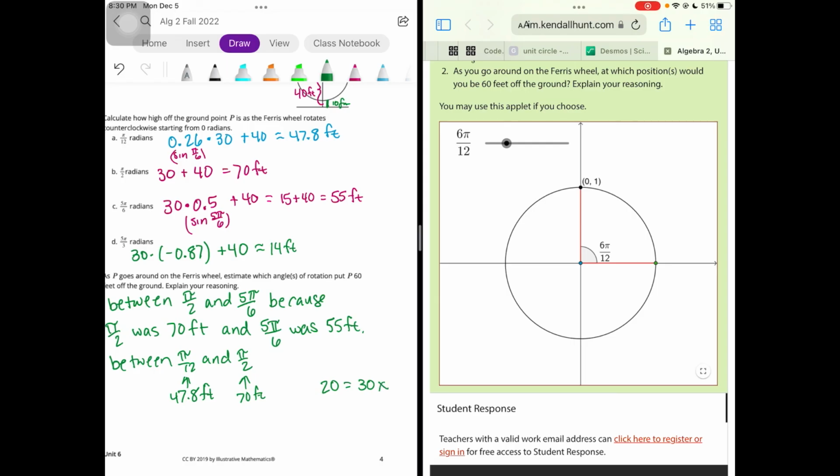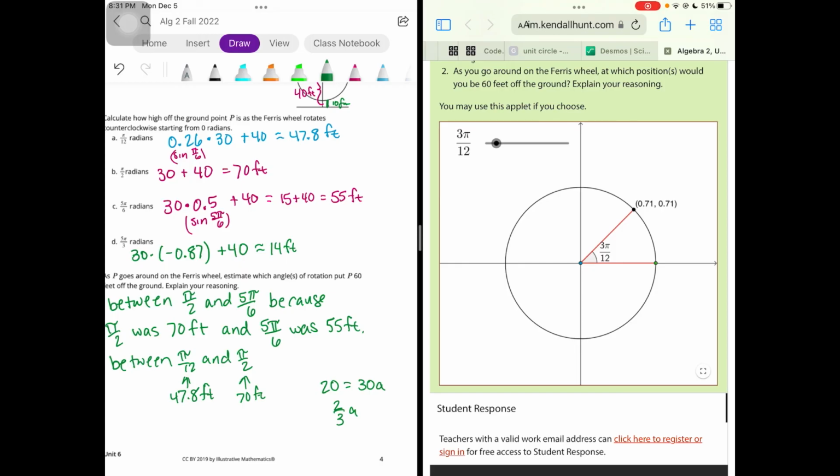I don't really want to use X there, though. I'm going to use A. And so A would have to be 2/3. And so that one's pretty close to 2/3. 2/3 is 0.666. So it's going to be fairly close to pi over 4 if you're looking at the unit circle.